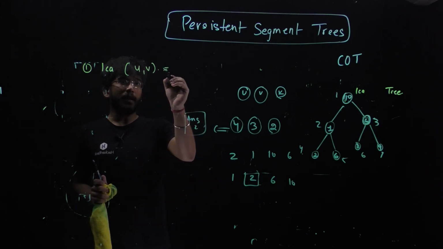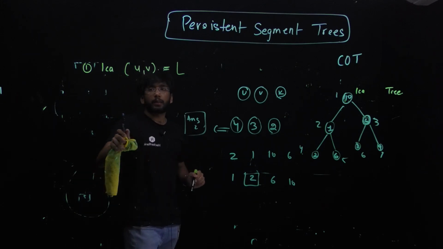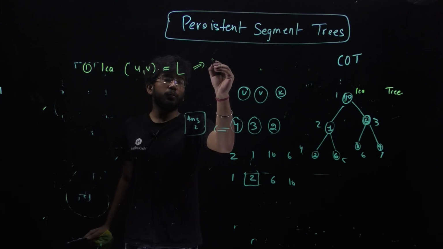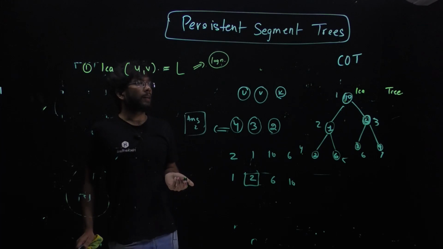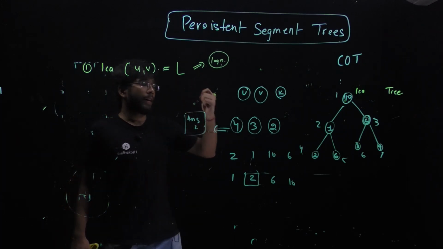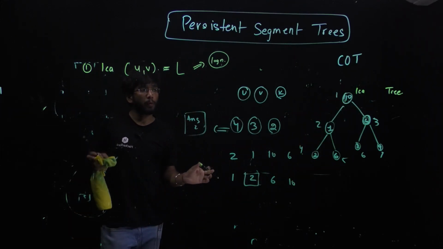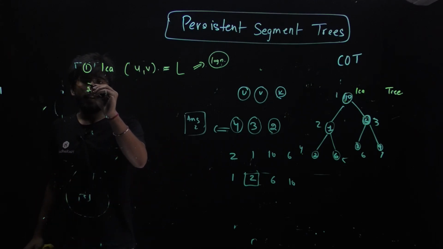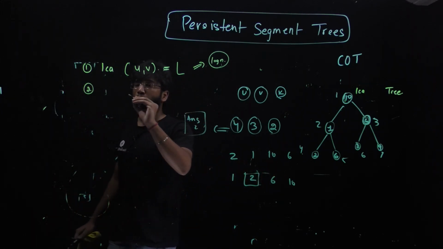Let the LCA be L. This is a step in which you can use a log n approach, which would be shown to you in the lowest common ancestor video, wherein we can find the lowest common ancestor of two nodes in a tree in log n time complexity. The second step would be coordinate compression.